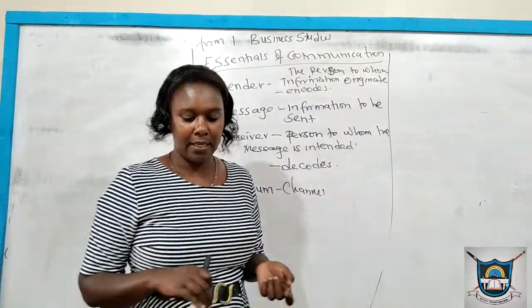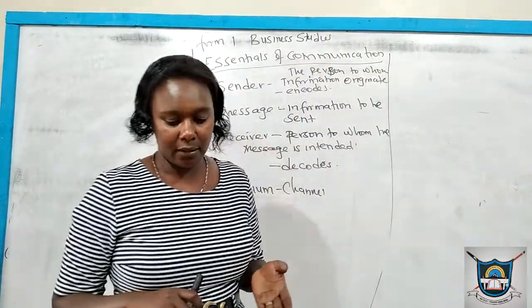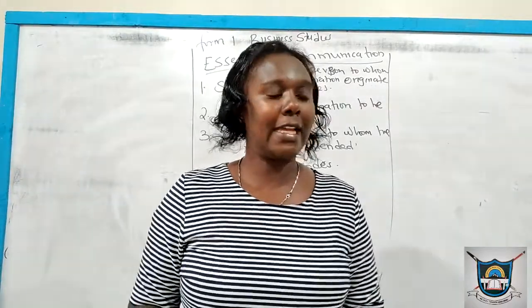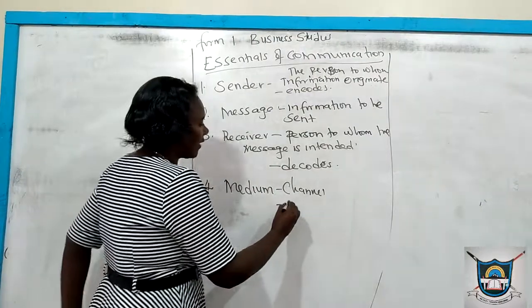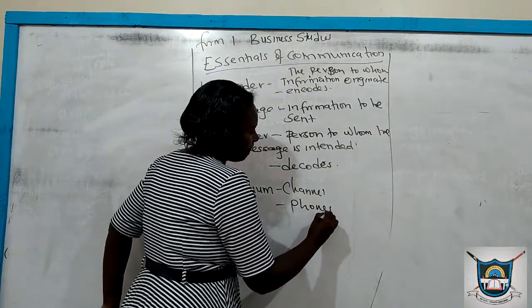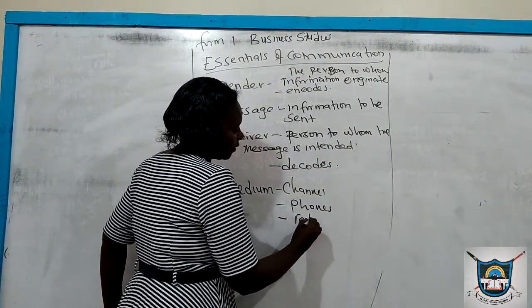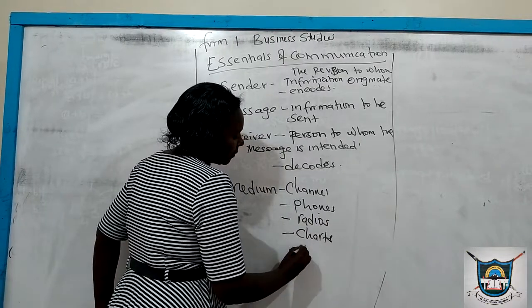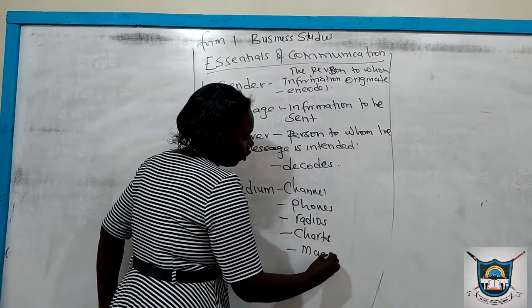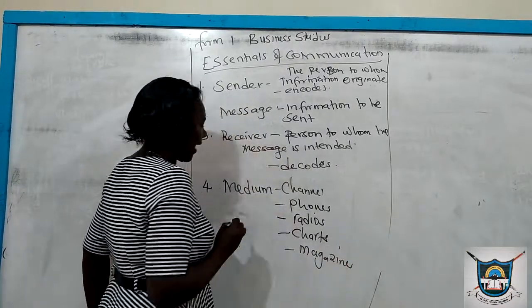Like now I'm using word of mouth to communicate. So the channel can be of various forms, and these days mostly people use phones. People use radios, people use chats, people use magazines. The medium can be various items.